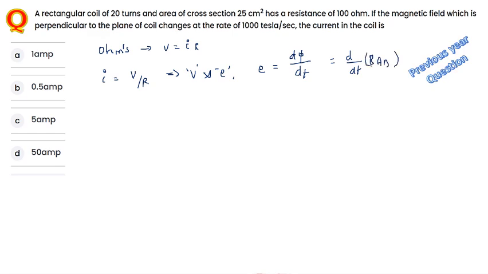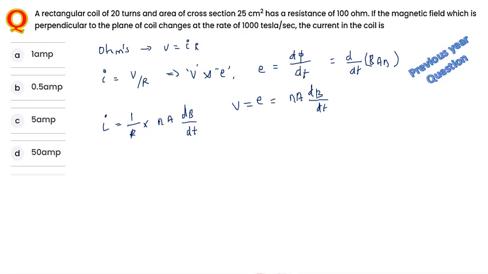Now from this you can mention E is equal to A, N, and dB by dt. So I is equal to 1 divided by R into N A dB by dt.